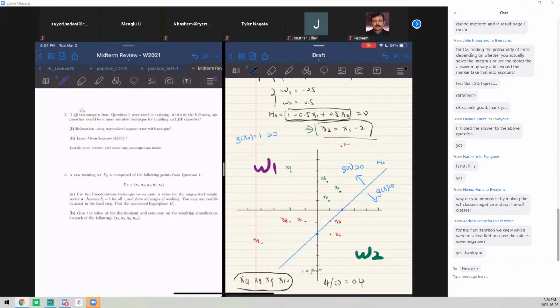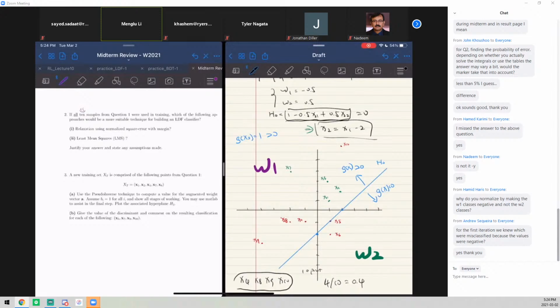So we cannot find a line to classify all the points correctly. For example, if we put a line like this, x10 is still misclassified. This is an example where the sample points are not linearly separable. So as I just said, if we apply perceptron gradient descent on all 10 samples, the algorithm never stops.